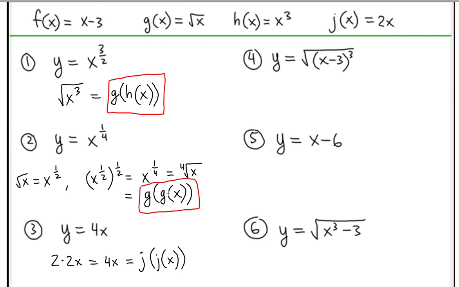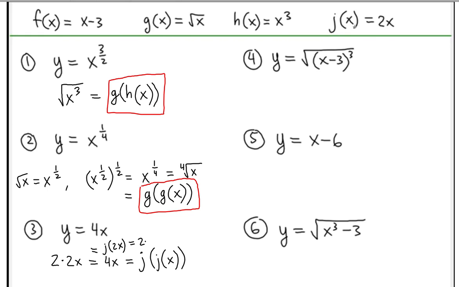So just like in the GG case, the JJ case does the same thing. If you put in 2x inside the function, and I'm going to show you on top here what happens. So notice that the j of 2x, right, j of j of x, is equal to j of 2x. That's equal to 2 being multiplied by the new input, which is the 2x.